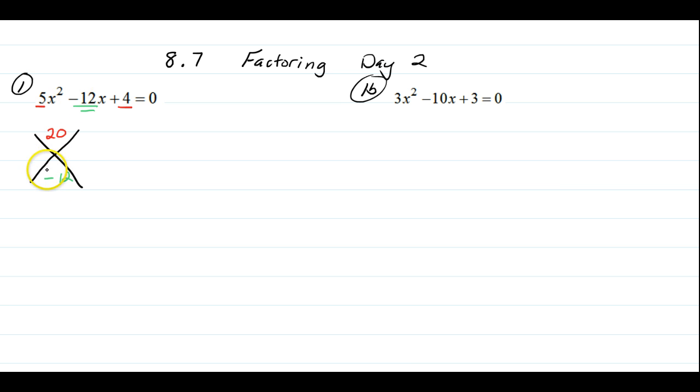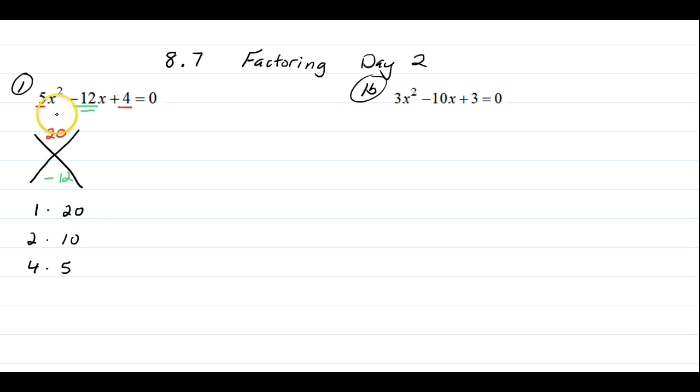And so now what we want to do is find what numbers multiply to 20 but add to negative 12. And so you can write all the factors of 20. So 1 times 20, 2 times 10, 3 doesn't go in, but 4 does. And then there's no reason to write 5 because I already have it here. So these are the 3 factors of 20.